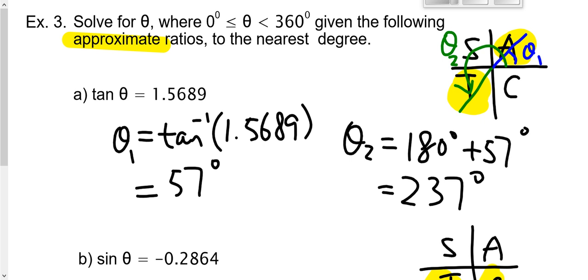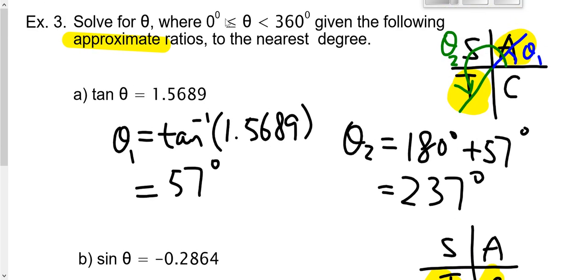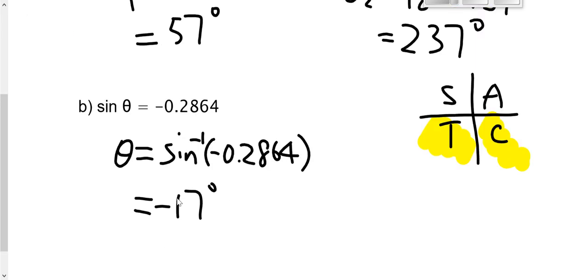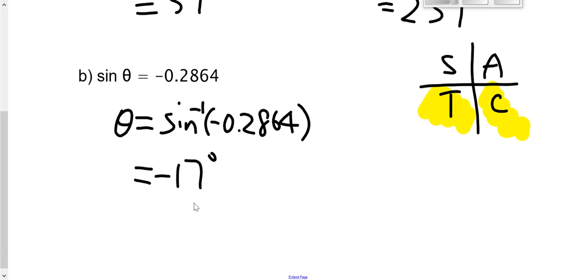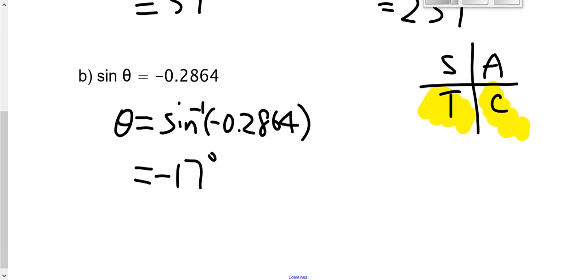Why? We'll do this quite often in Math 3-1 because the range for our answer is somewhere between 0 and 360. Is negative 17 somewhere between 0 and 360? Nope. So we have to convert that into something in that given range. Negative 17 degrees would be starting here, going down.